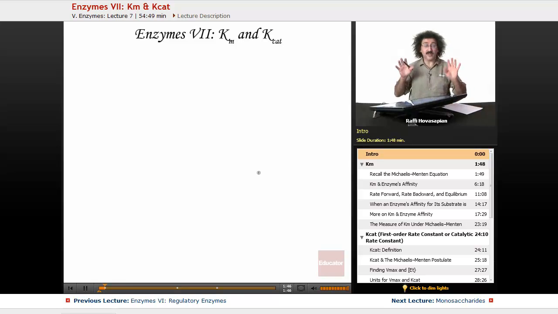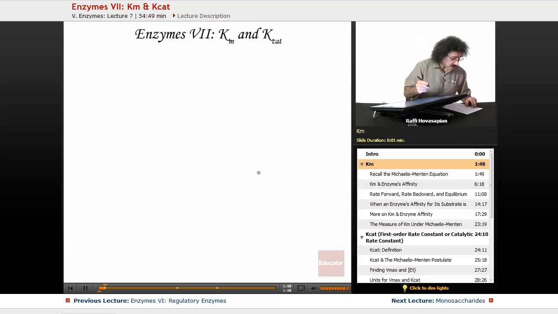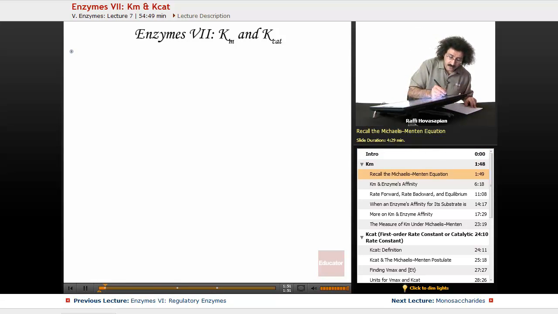Okay, so let's go ahead and start off with the Michaelis-Menten equation again. Let's recall the Michaelis-Menten equation.